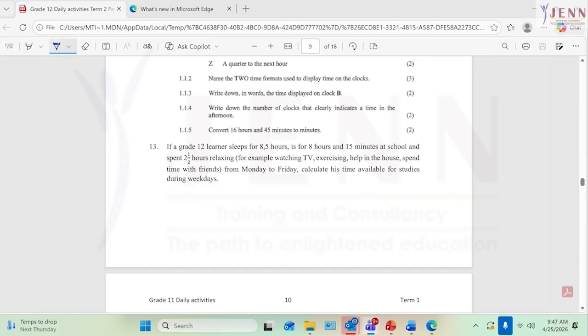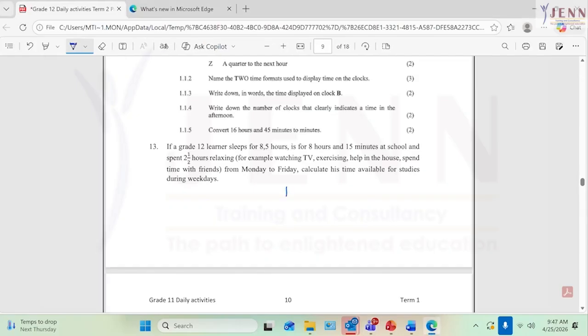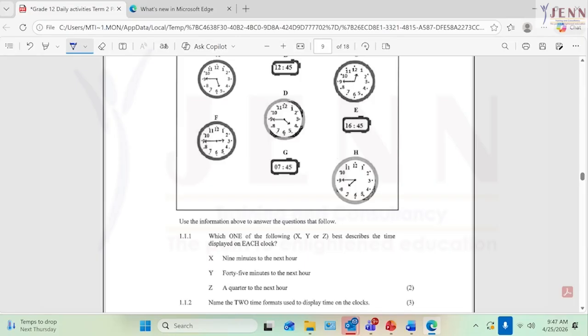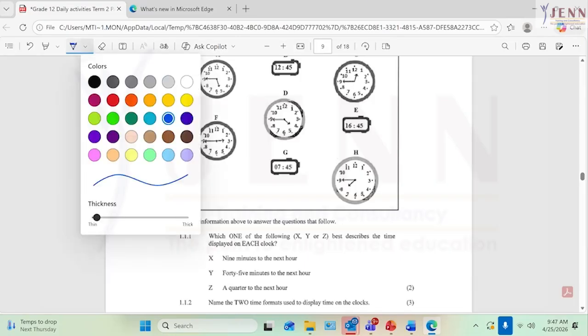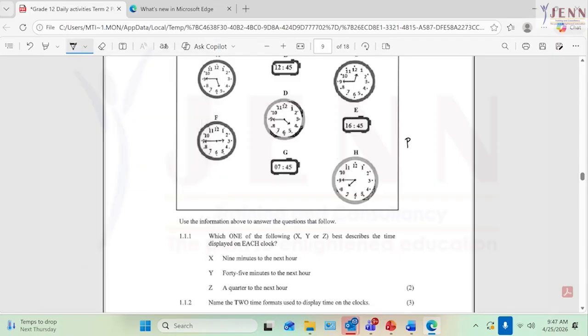So remember, we always start with the standard formula, which is BMI is equal to weight in kilograms over height in meters squared.